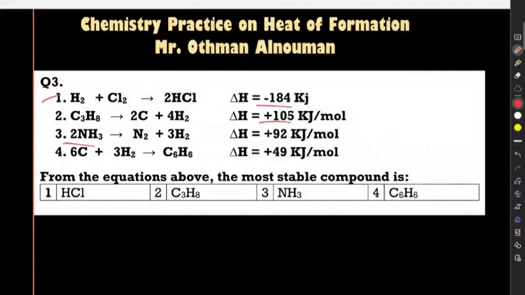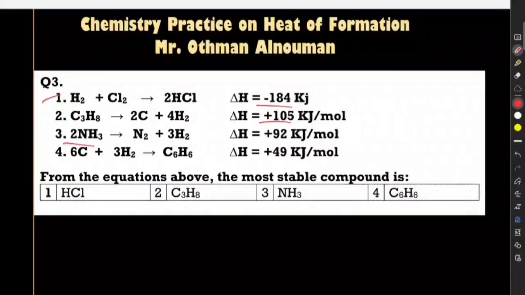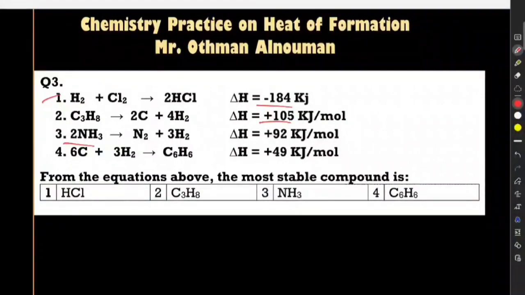Here we have 2 moles of ammonia will break down to give us nitrogen plus hydrogen. Here we have carbon plus hydrogen will give us benzene.